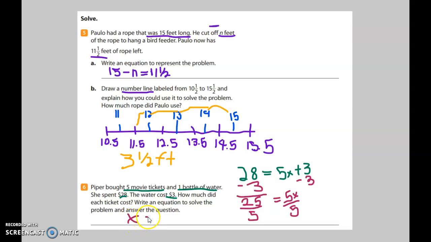And what's 25 divided by 5? Well, that's 5. So each ticket that Piper bought cost her $5.